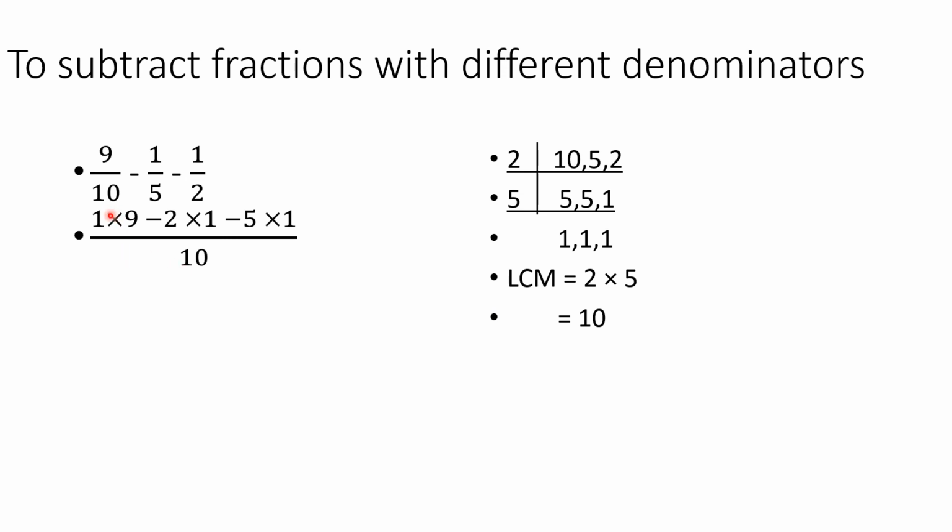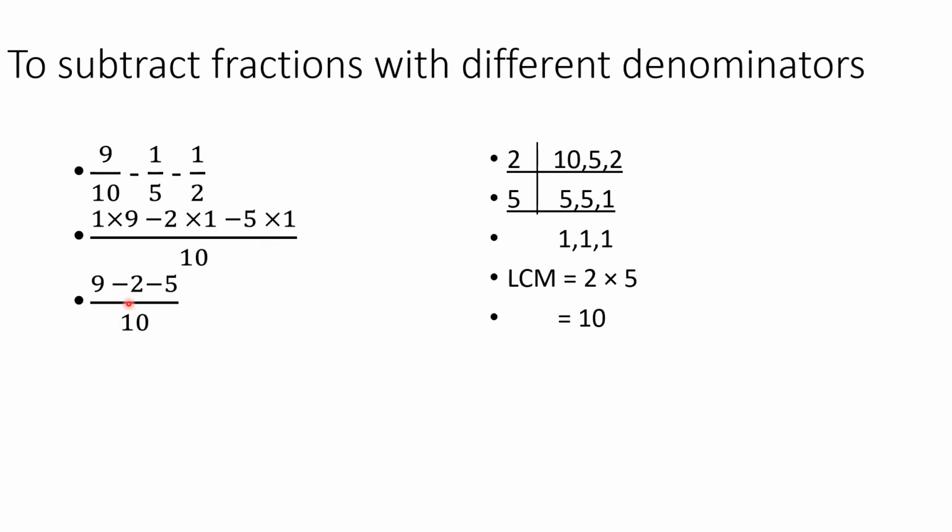Now 10 ones are 10 multiply by this numerator 9, minus 5 twos are 10 multiply by this numerator 1, minus 2 fives are 10. We will write 5 here multiply by this numerator. Now 1 nines are 9 minus 2 ones are 2 minus 5 ones are 5 by 10.